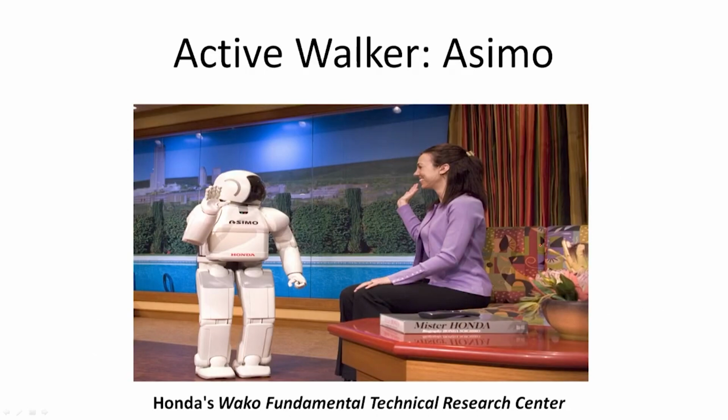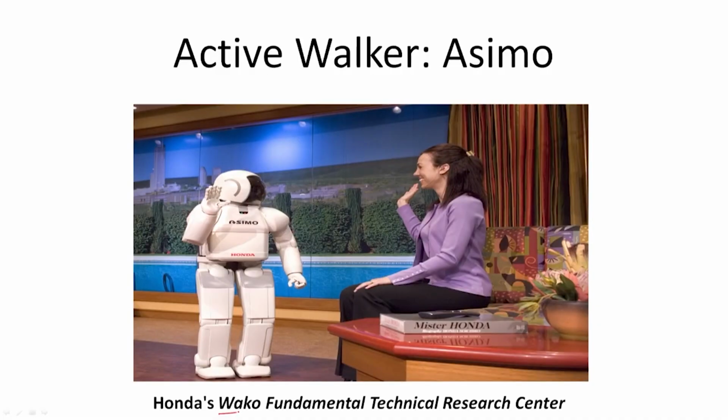Finally, I come to the active walker called Asimo, and you can see that in this neo-modernist era, we would see often such big names as Steve Jobs, but mostly you will not see the name of one designer, but rather a group of people working together to make a complex product. And Asimo is one such example.